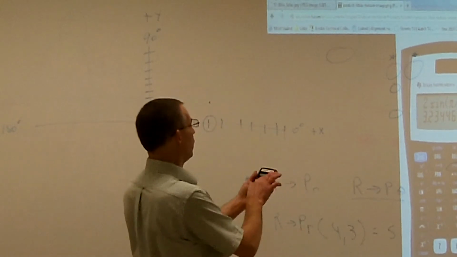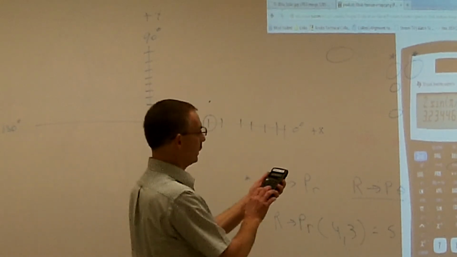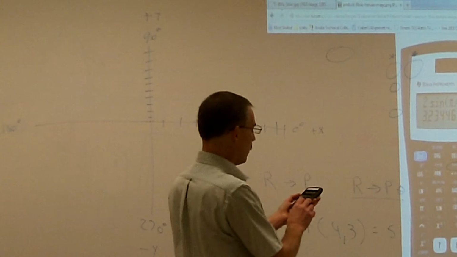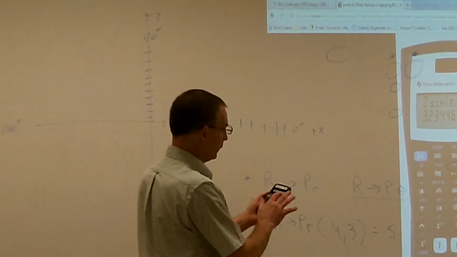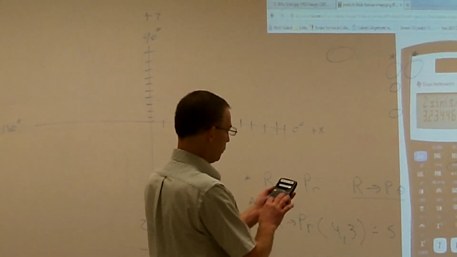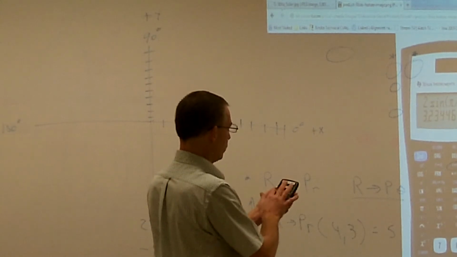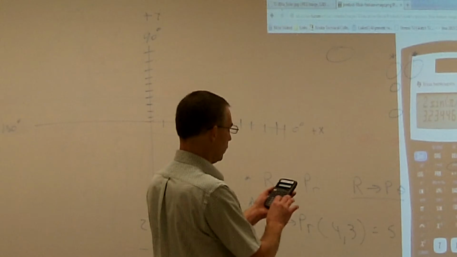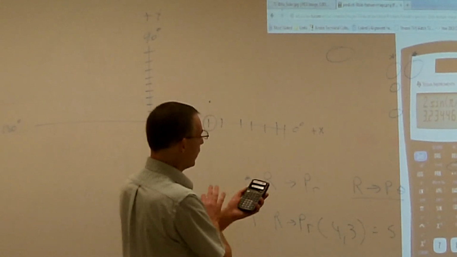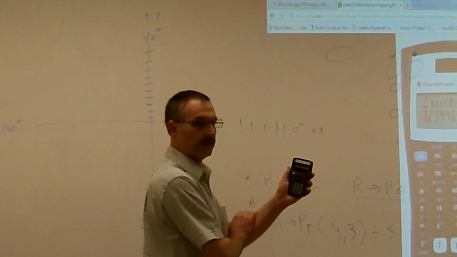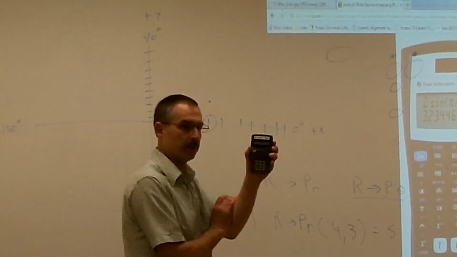For the guys that like it simple, ours is really easy. All we have to do is hit our second XY again. So I got 4, second XY, 3, second rectangular polar. And then if I hit my second XY again, it'll give me my angle. So on ours, we have one less key stroke.